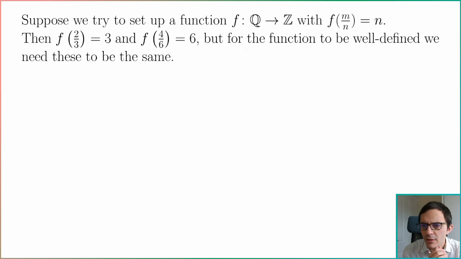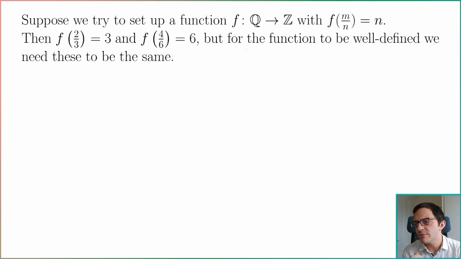And that's working with, obviously, a definition of the rationals where we consider 2/3 and 4/6 to be the same thing. We could fix this by tightening up our definition of the function to talk about a particular representation of each number in the rationals. You might insist when you set up the rationals in the first place that the numbers are coprime, that they have no prime factors in common, m and n.